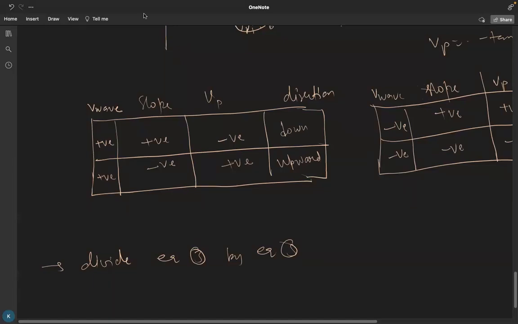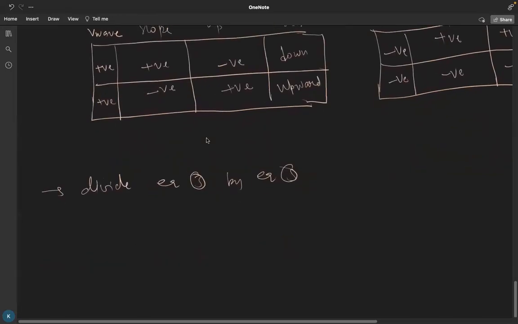So when we divide equation 3 by equation 5, what we get is del square y by del t square divided by del square y by del x square. So here we get omega square by k square.